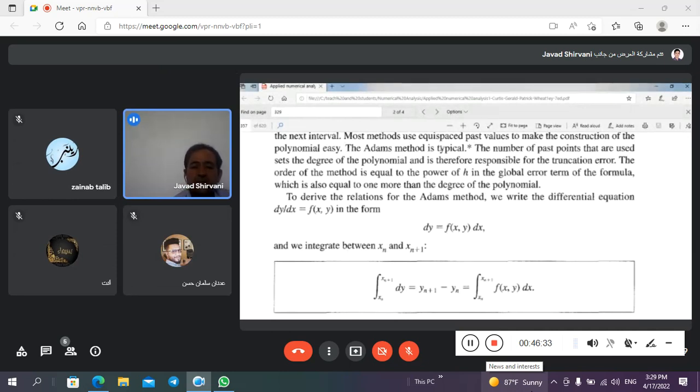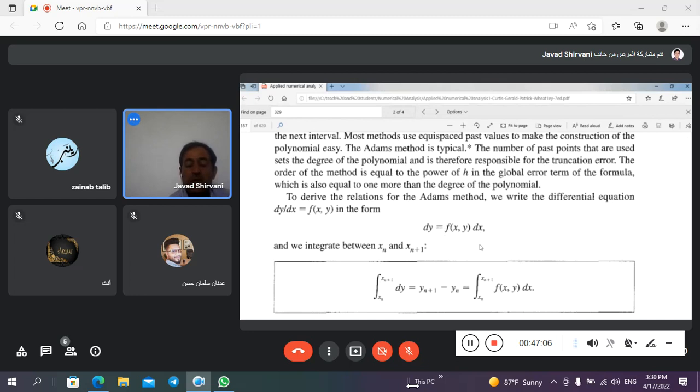When we integrate the left side, dy between xn and xn plus 1, we get yn plus 1 minus yn. That's obvious: the value of y at the endpoint minus the value of y at xn, which are called yn plus 1 and yn.